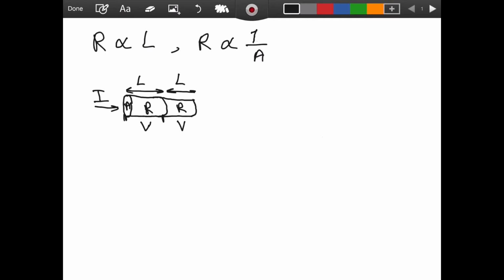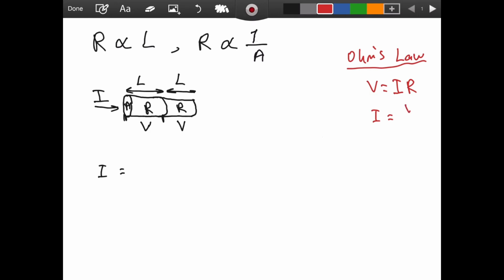So we can observe that I goes through each resistor, each cylinder that we have, and using Ohm's law, we know that the voltage is equal to the current times the resistance, which means I is equal to V over R. Using this idea, we can write for our case the same thing, V divided by R.